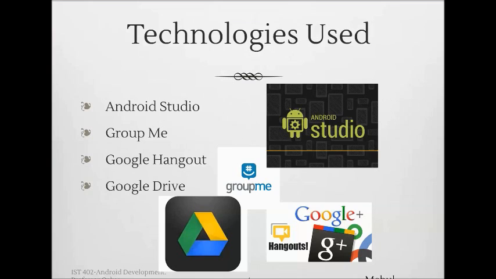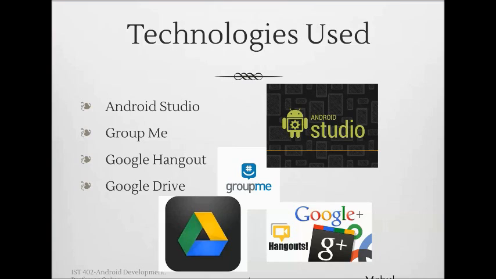Some of the technologies we used to meet the end project or the goal was first of all Android Studio, which allowed us to build an app, launch it to an emulator, and we tested the app out, which saves drinks according to the way a customer likes it.